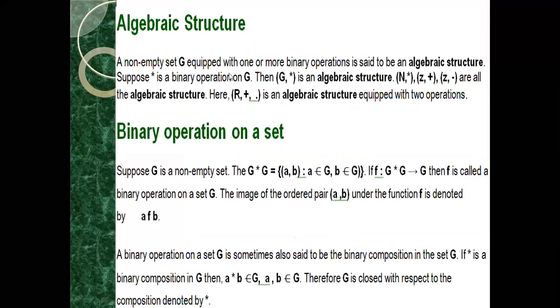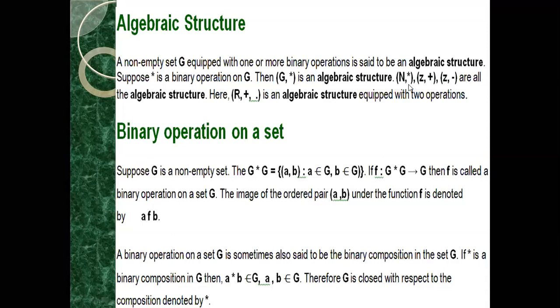So, algebraic structure. A non-empty set G equipped with one or more binary operations is said to be an algebraic structure. Suppose star is a binary operation on G. Then (G, star) is an algebraic structure.